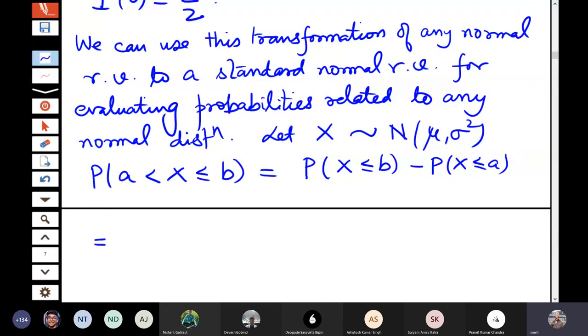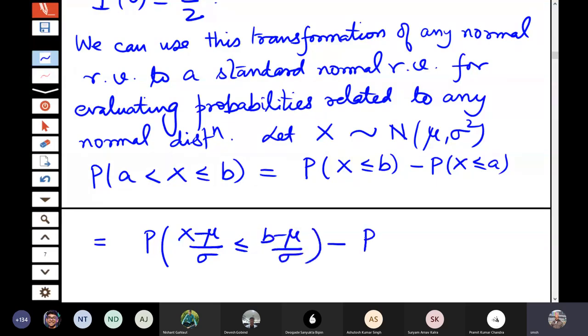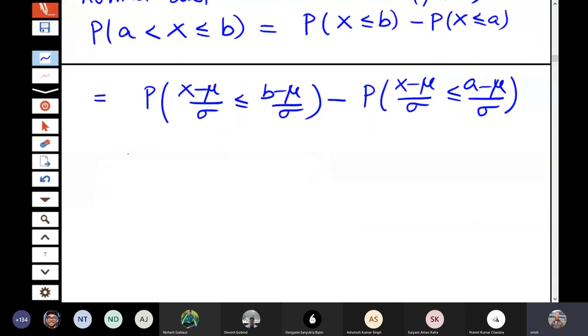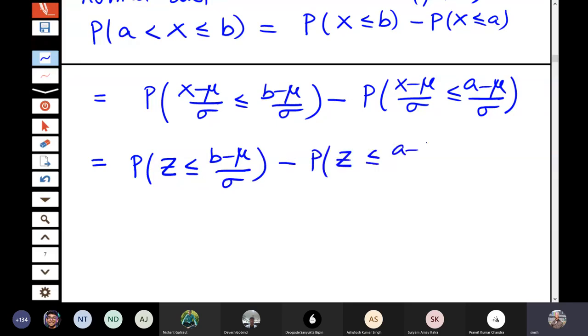So this is nothing but probability of x minus mu by sigma less than or equal to b minus mu by sigma minus probability x minus mu by sigma less than or equal to a minus mu by sigma. So this is nothing but probability of z less than or equal to b minus mu by sigma minus probability z less than or equal to a minus mu by sigma.